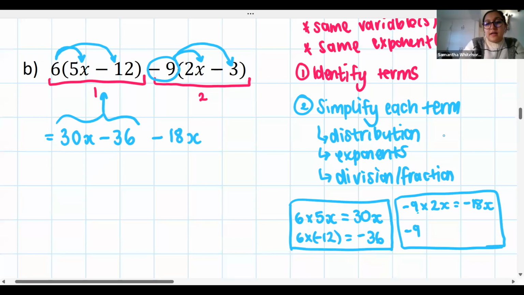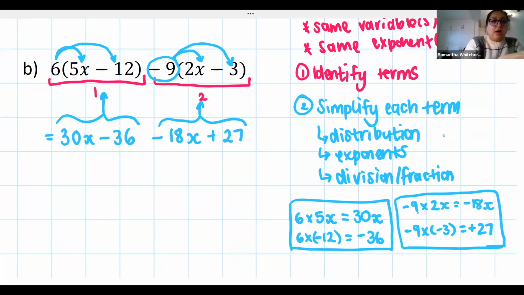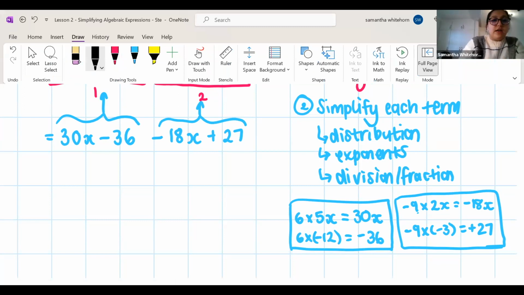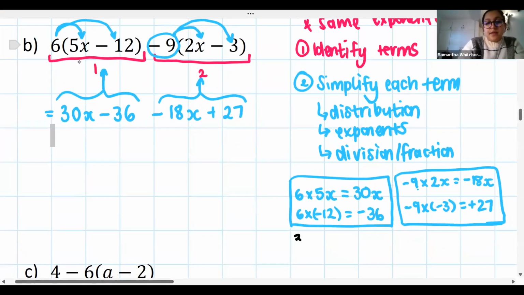Then I've got negative 9 times negative 3. We know a negative times a negative is a positive. And 9 times 3 is 27. So I've got a plus 27. So these two terms that I've got here have come from me simplifying my second term. Right, the very last thing that we do is we add or subtract our like terms.